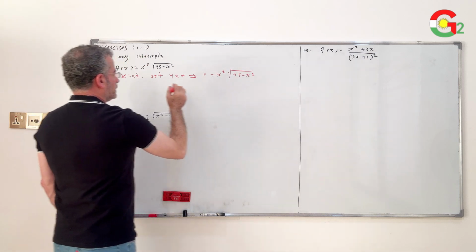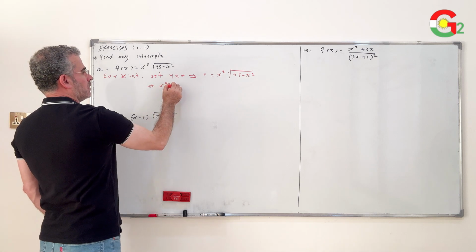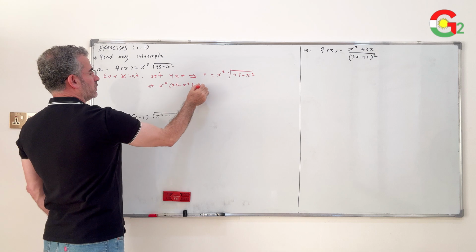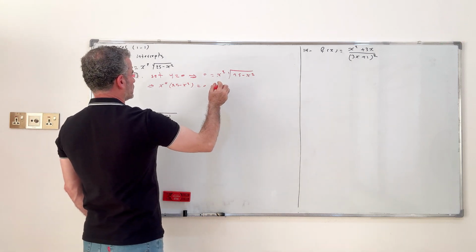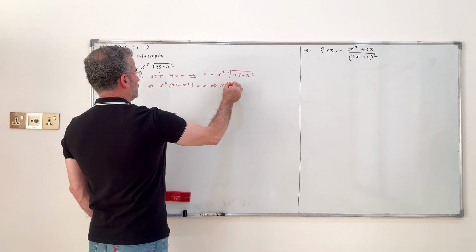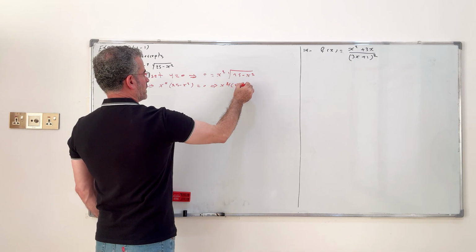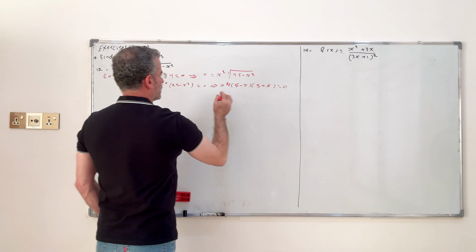Square both sides. Then x power 4 times 25 minus x power 2 equals 0. Analyze difference of two squares: x power 4, 5 minus x, 5 plus x equals 0.